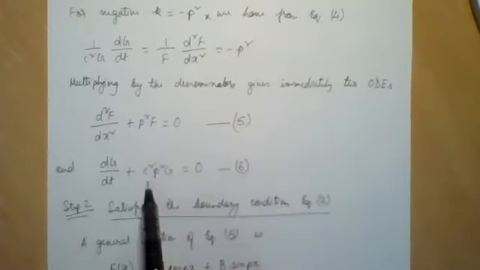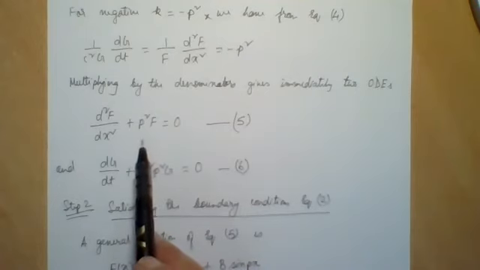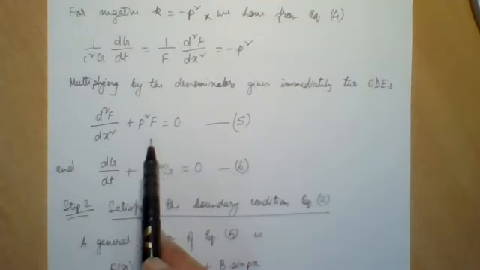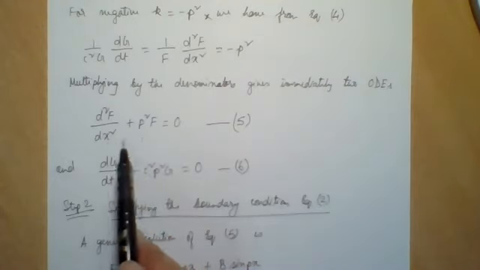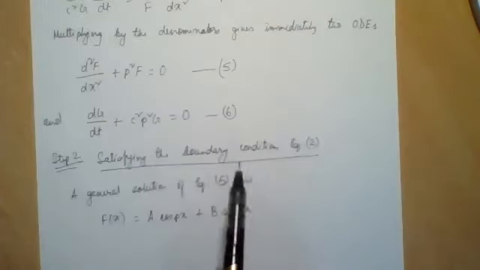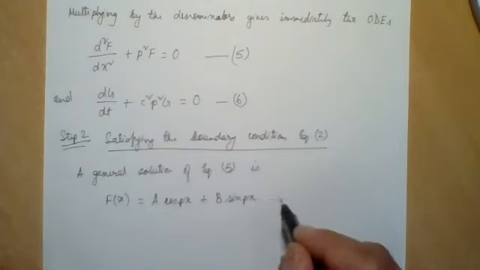The solution of this equation is very simple; we learned this in our first semester. It is a second order linear differential equation, and the solution is given by this. We call it equation number 7.